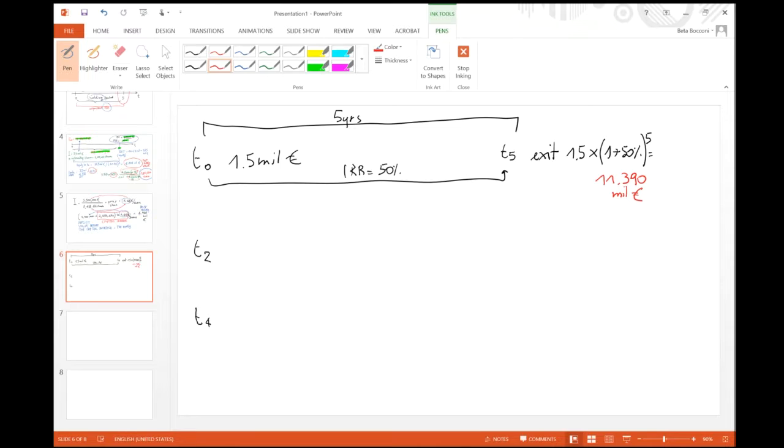Investor A, however, and this is our investor A, knows that if the company is successful after 2 years, the second investor will enter in 2 years, and this investor will deploy an amount of 1 million euro.